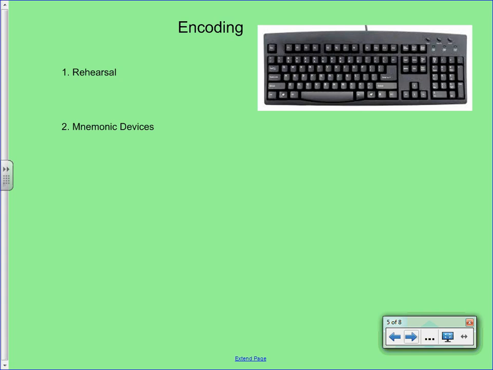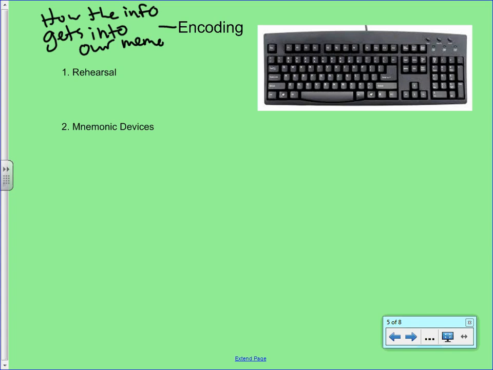It puts it into our brains in a way that our brains can understand. So encoding is how the info gets into our memory. And there's two important concepts that we need to learn along with encoding.